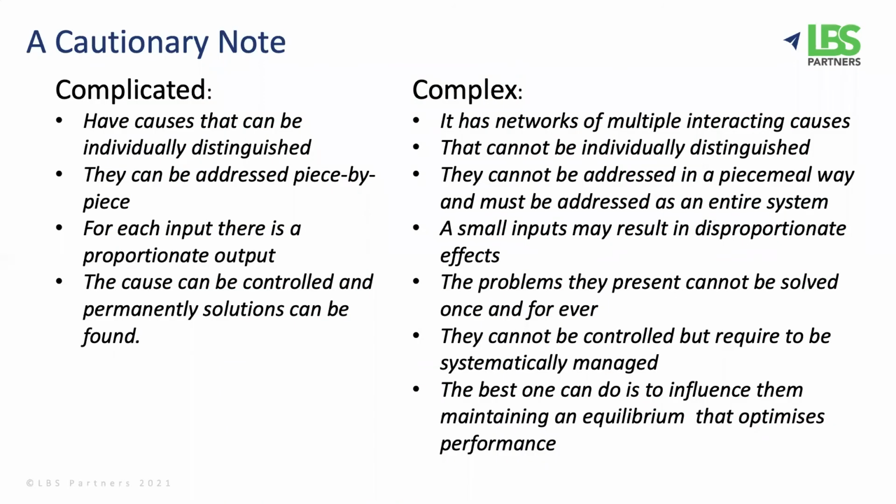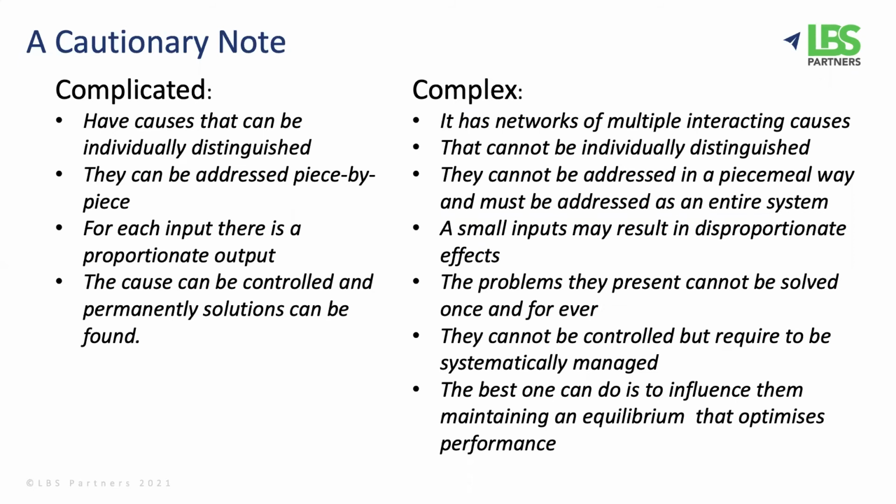As a parting note and as a cautionary note, I want to actually draw your attention to the difference between complicated and complex. We need to understand where we're operating and what we're trying to do. A complicated problem or complicated situation, these problems have causes that can be individually distinguished.